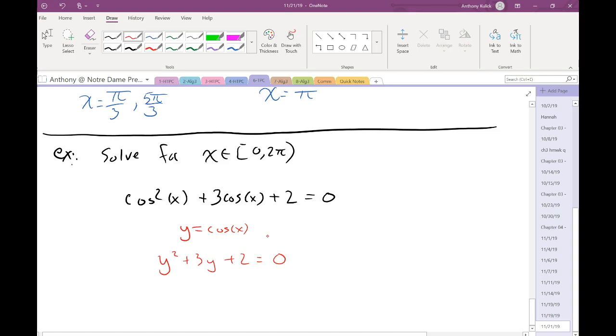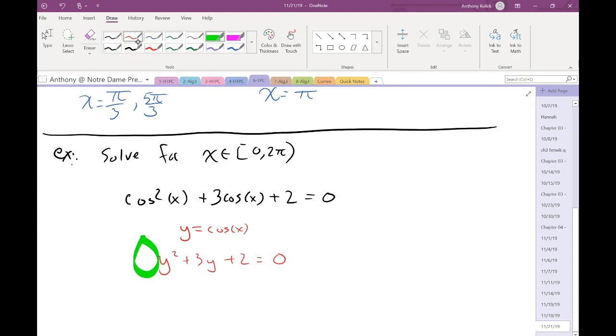Everybody good with what we did there? What should I be looking to do now? Factor that. Great. What kind of factoring do I have to use on this one? Can I do the short method here? Yes. Why can I do the short method?